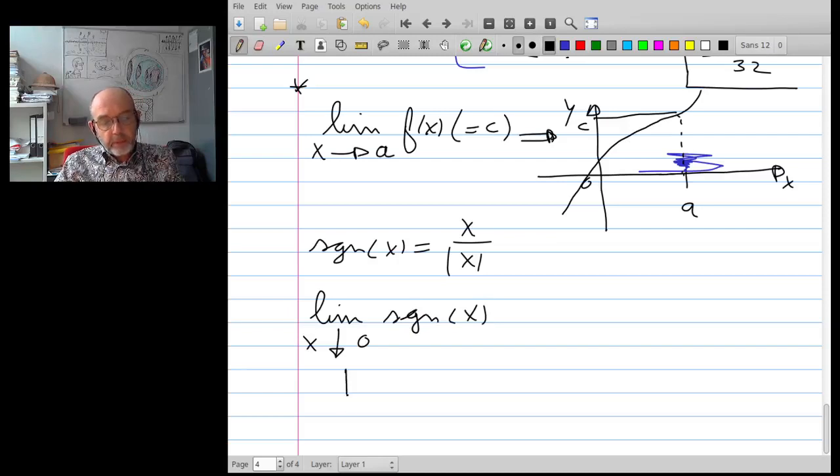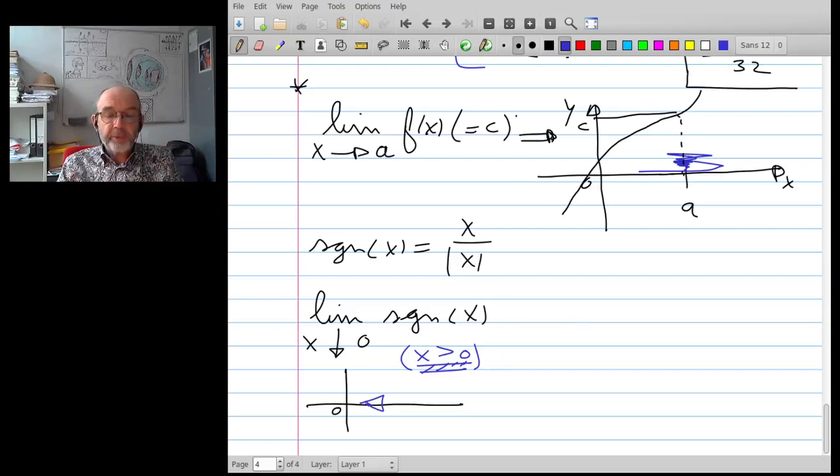From above to 0 means that you may only do it with paths where the x is positive and becomes smaller and smaller. So in this case your x is only positive. And the sine function was not defined for x is 0, so you have only positive values of x.